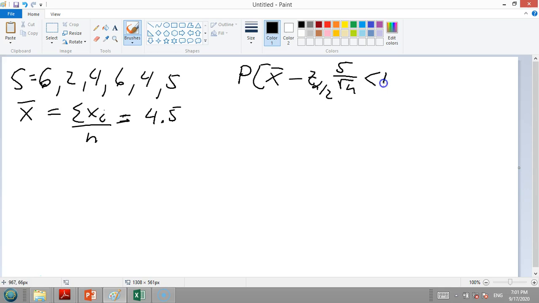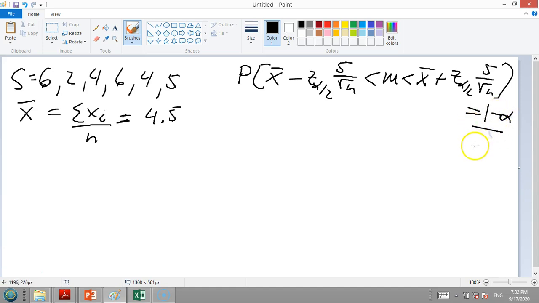Then mu is here, and it's X bar plus this number. And this is equal to 1 minus alpha, which is my level of confidence that I pre-specify.